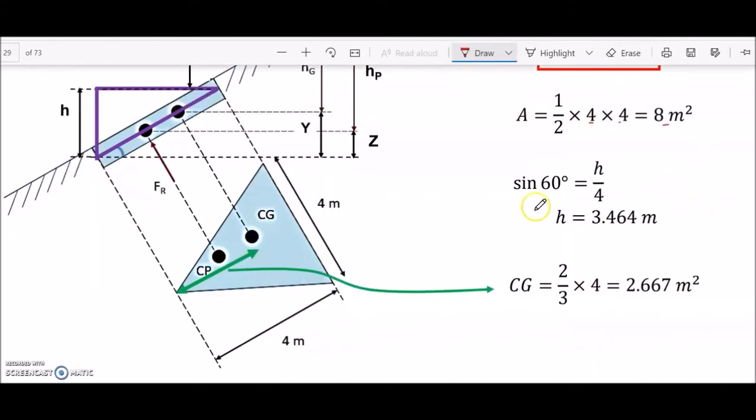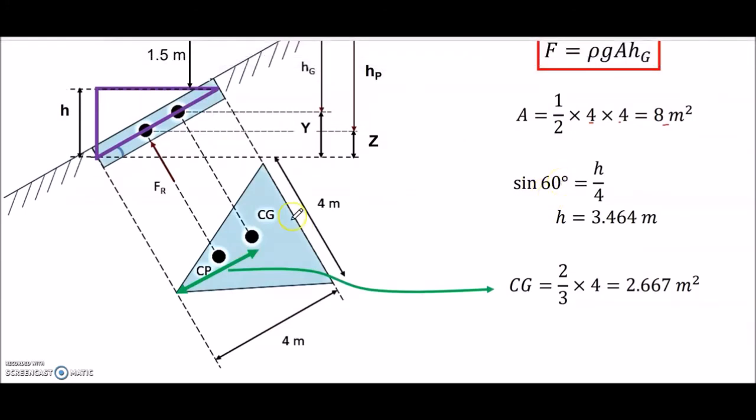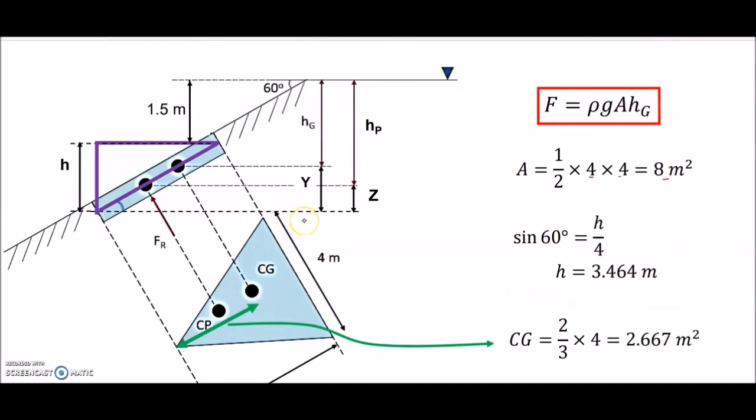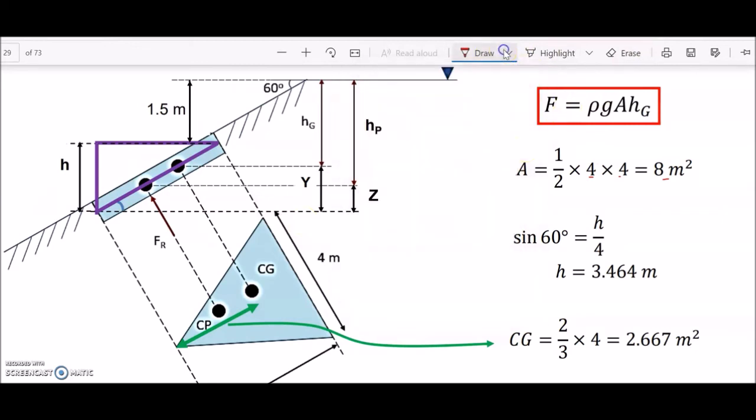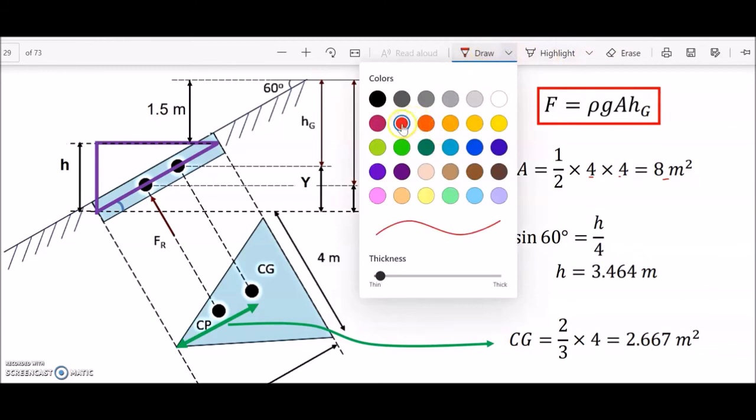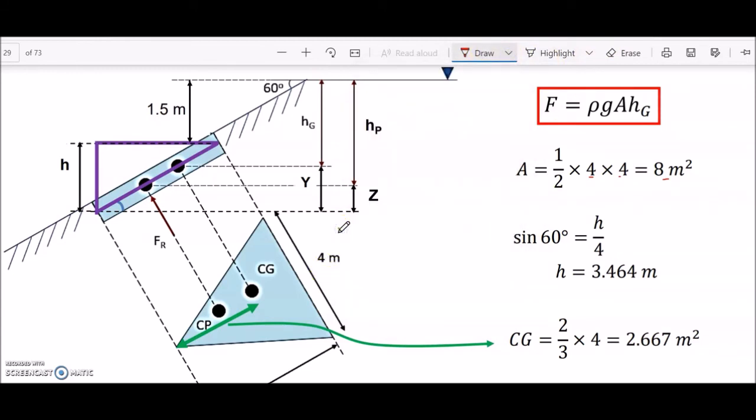Alright, then for sine 60 degrees, how do you get this? Again, look at this figure. So when we have the 60 degrees, we want to know the h.